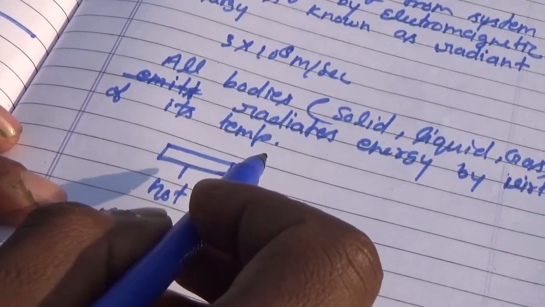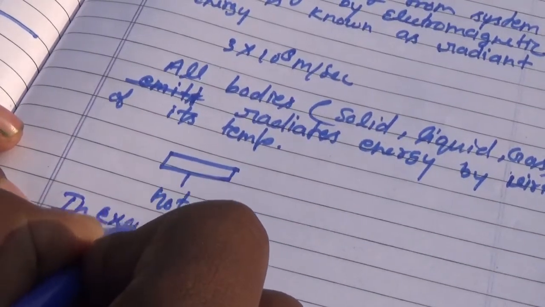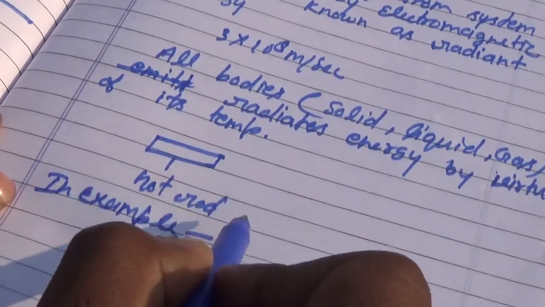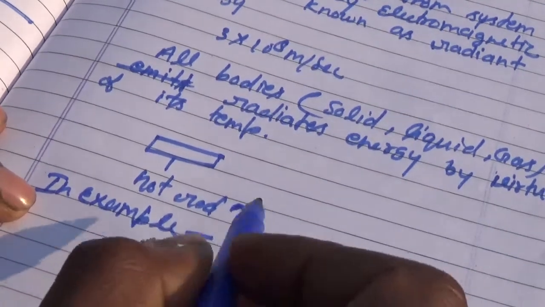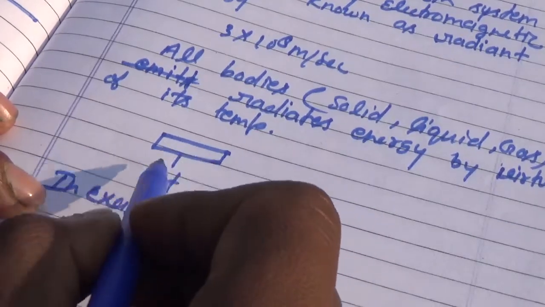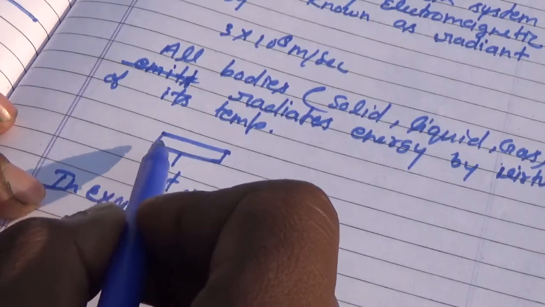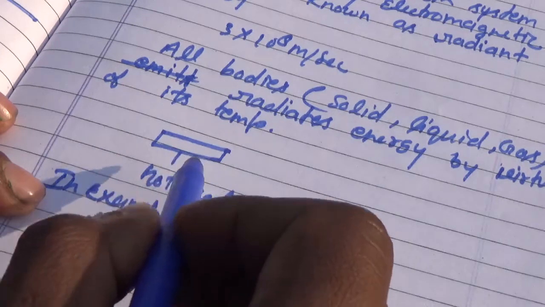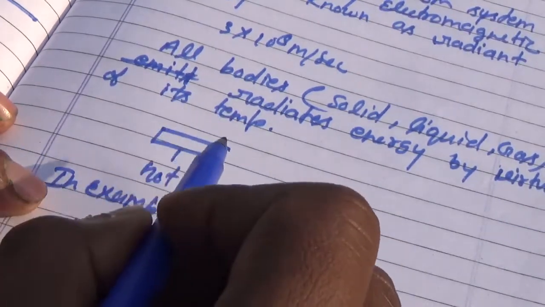So in this example we have told you, if we have taken any hot rod and if you come very close to this rod, you will feel warmth after some time, or quickly you will feel hotness.